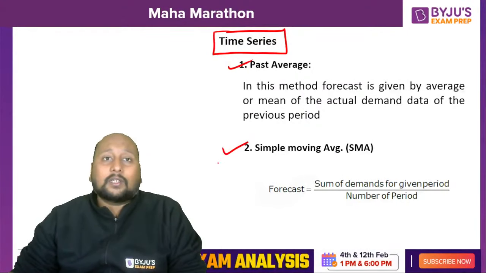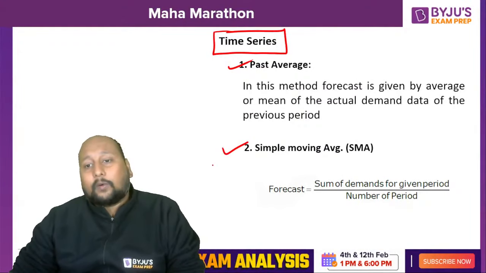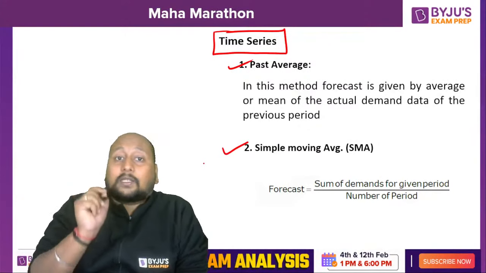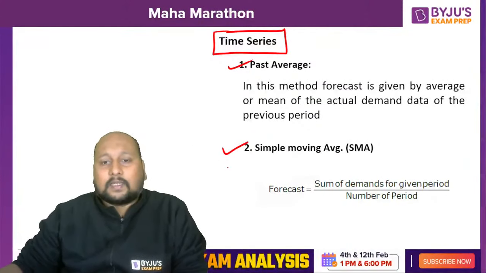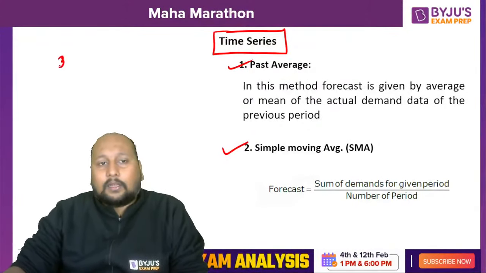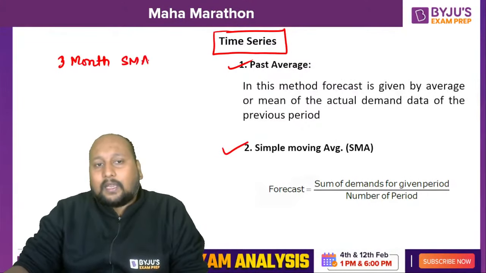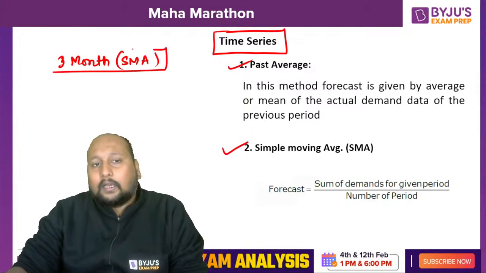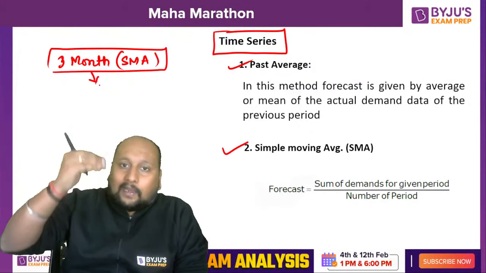Simple moving average means you calculate the average only for some specific time period. Let us suppose I say 3 month simple moving average. That means I will calculate the average of the latest 3 months.